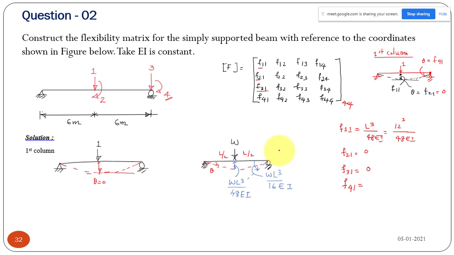Yes, so this should be L square. So the rotation at the support of a simply supported beam subjected to a point load at the center is PL square by 16 EI or WL square by 16 EI. So I can use that equation with W equal to 1. So 1 into 12 square by 16 EI. So we'll get the value 144 by 16 times EI. So these are my F11, F21, F31 and F41. Okay, that is what I have written here.